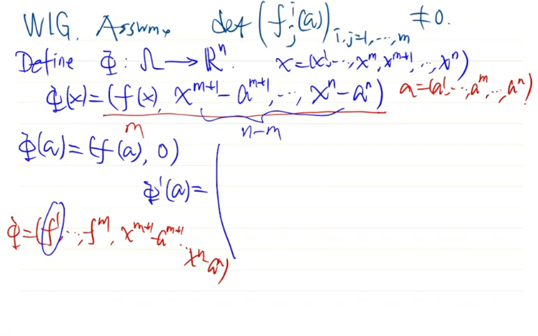So this is f_{1,1}, ..., f_{1,m+1}, ..., f_{1,n}. This is the first row of phi'(a), and so on until the m-th row.